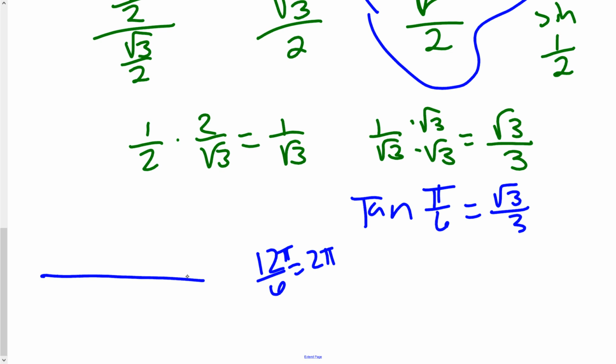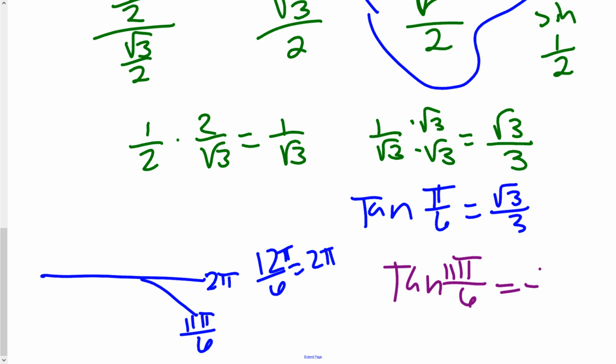So that means that 2 pi would be over here, but I'm at 11, so this is 11 pi 6. So it's down 30°, right? And what's tangent in that fourth quadrant? Well, it's negative, so that means tan of 11 pi 6 is going to equal -√3/3. Okay, so again, you don't need a calculator for that.